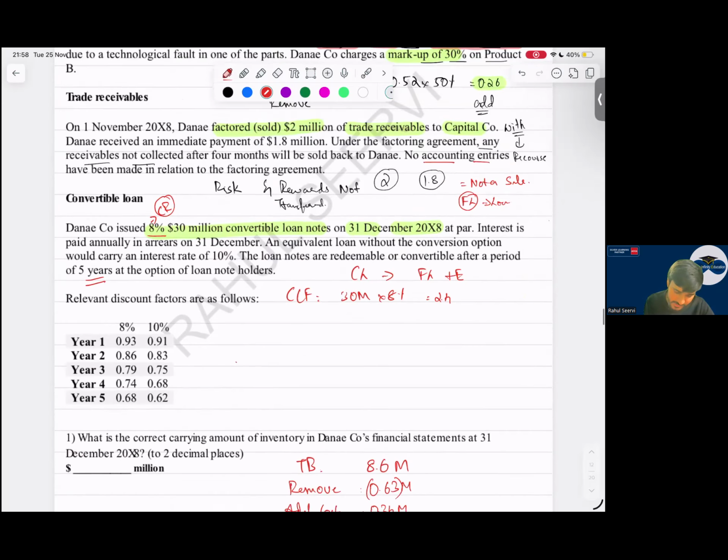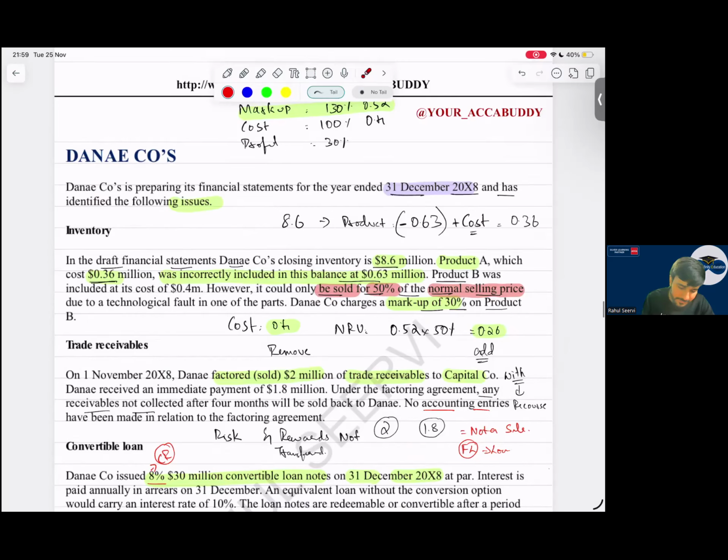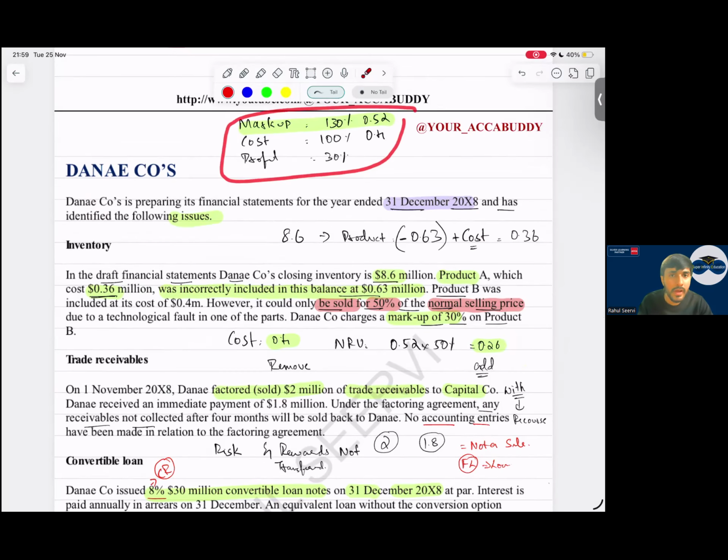Then what is the other thing? We have also seen that an inventory item, product B, is included at a cost of 0.4. It is cost, but what is its NRV? NRV is normal selling price into 50 percentage. We have already calculated the selling price here, with markup 0.2.